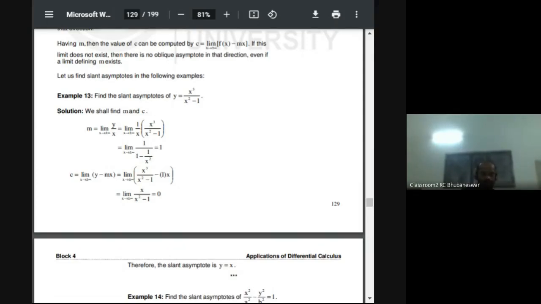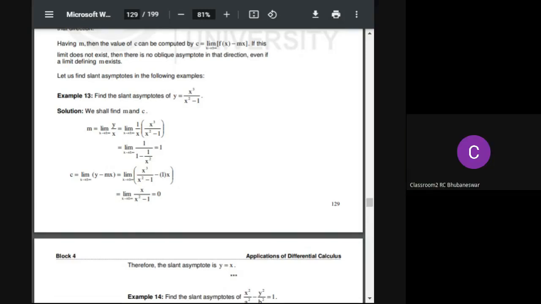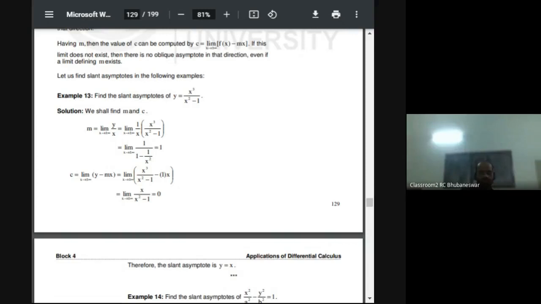And similarly, we can calculate the value of c. We know the value of m, so that is substituted here. We have the value of the function, and then we are using the limiting value of the function, and we got the value c equals 0.